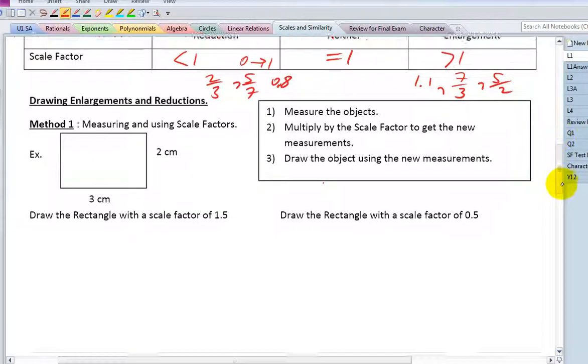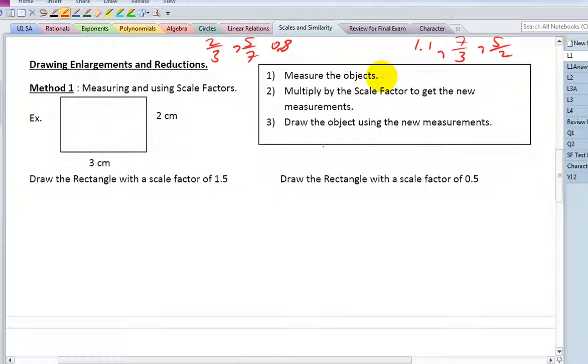Good, now we're going to practice drawing them. The first thing you want to do is measure the objects. Look, we're so nice, it's done for you. Then you want to multiply by the scale factor to get the new measurements. Negative numbers, what would a negative measurement look like?